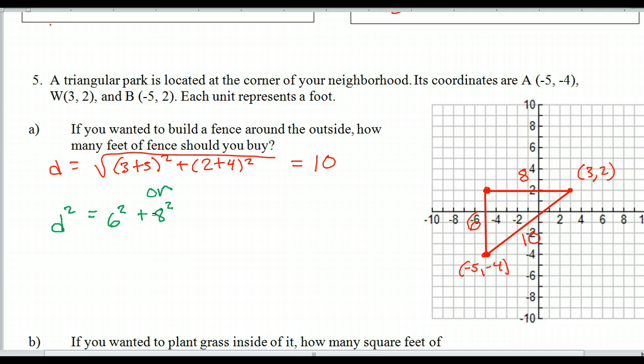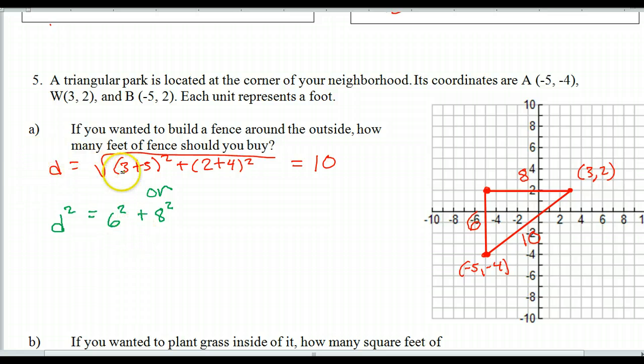And of course, I've tried to get you guys to understand that the distance formula is the Pythagorean theorem. So we're not really doing two different things. See your 3 plus 5 right there? That's the 8 that we have right here. See the 2 plus 4 right there? That's the 6 that we have right there. It's exactly the same thing.